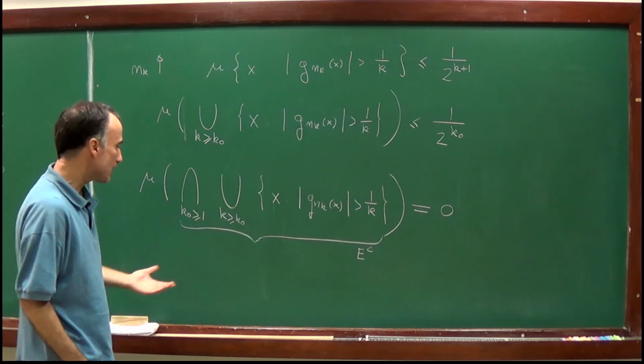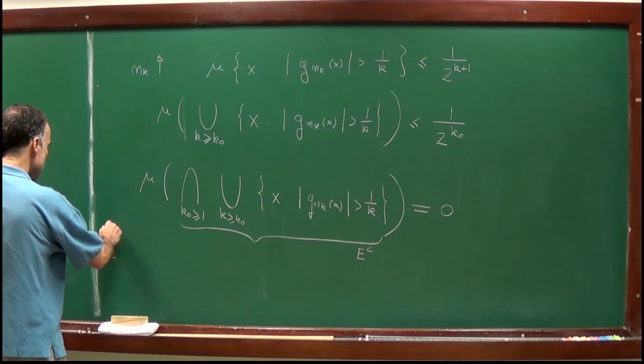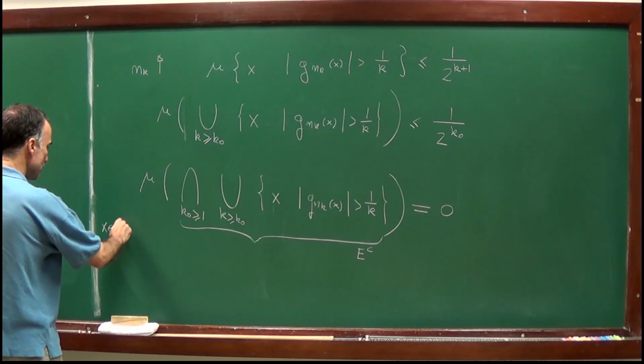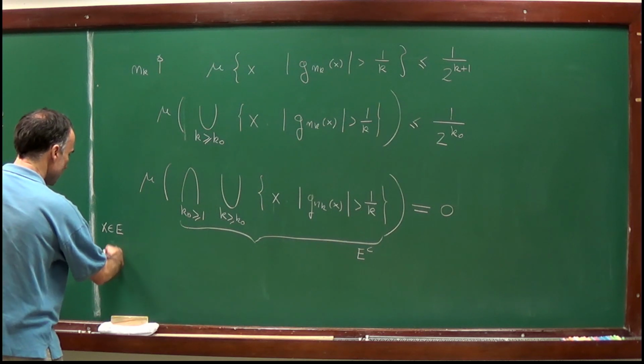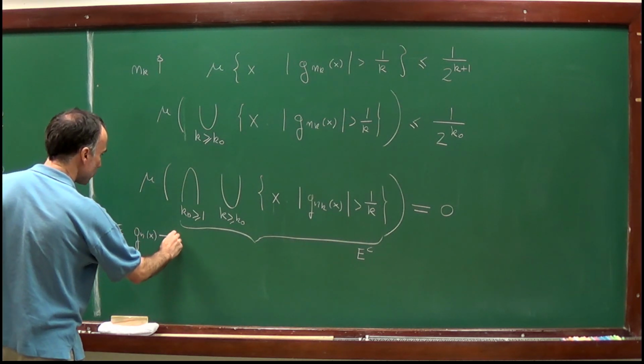So now what I claim is that on the set E, so if x belongs to E, then g_{n_k}(x) converges to 0.